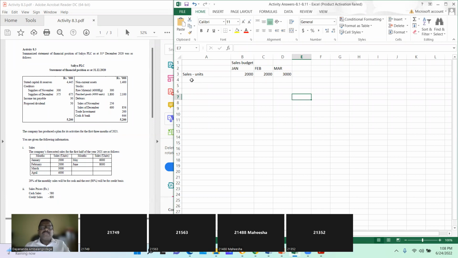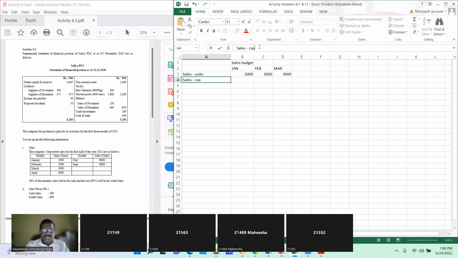But the sales budget can be converted into cash sales and credit sales, so I will focus on that also.